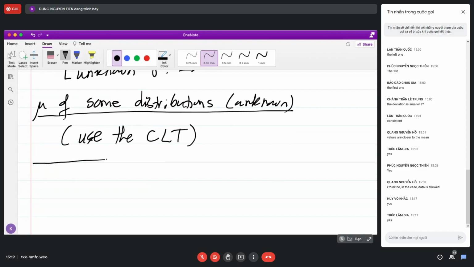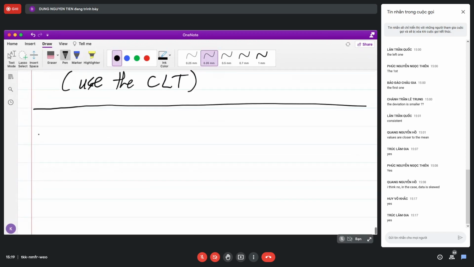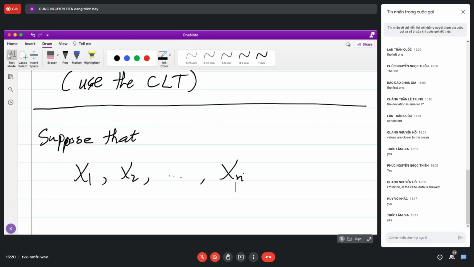Okay. So let's start with the first case. Suppose that you have many observations, let's say X1, X2, up to Xn. They are the observations you have. In our examples at the beginning, we have only 5 observations, right?